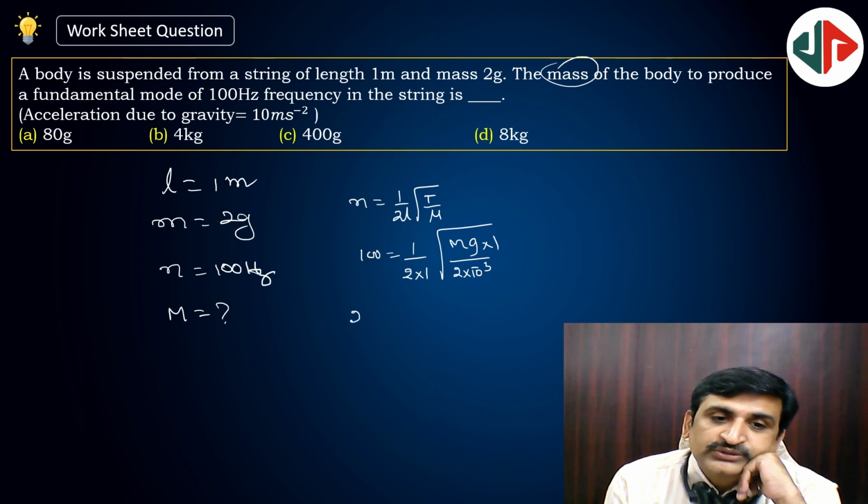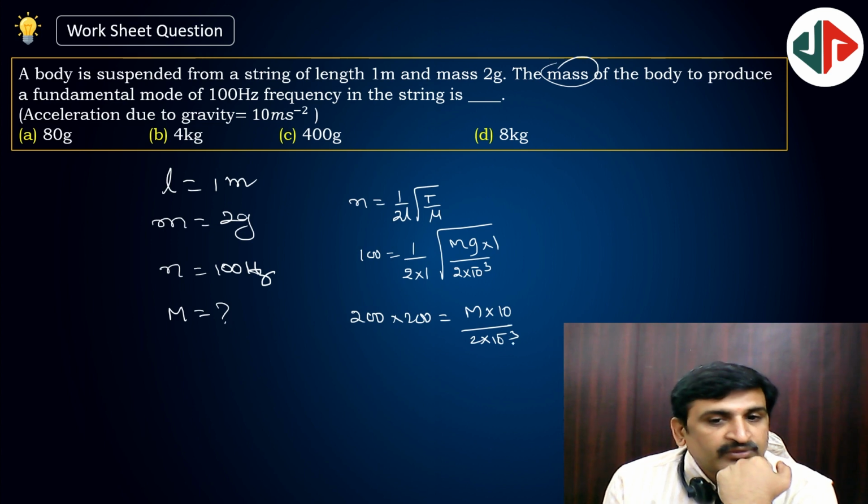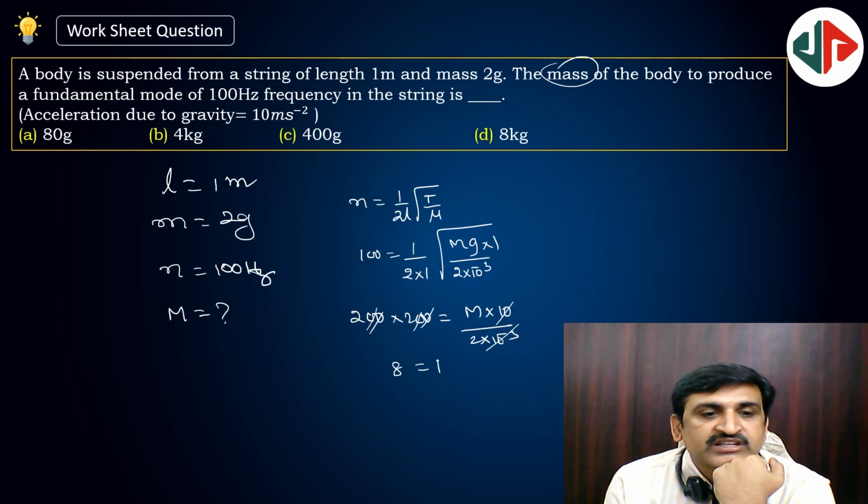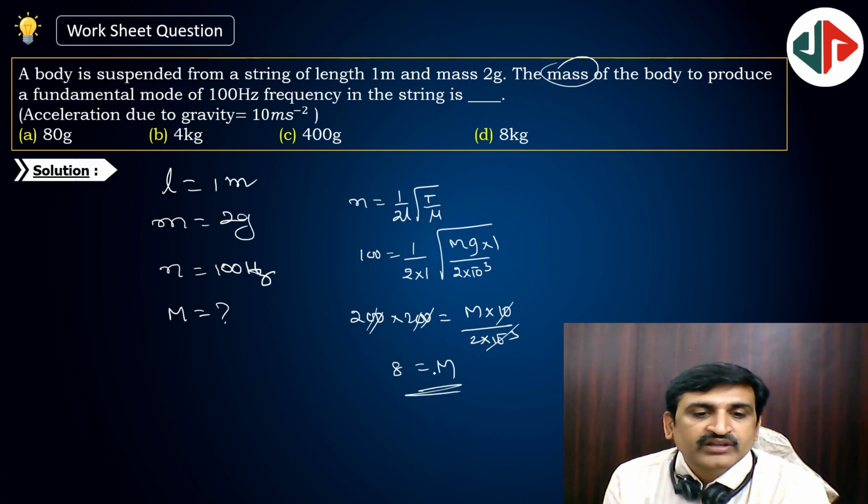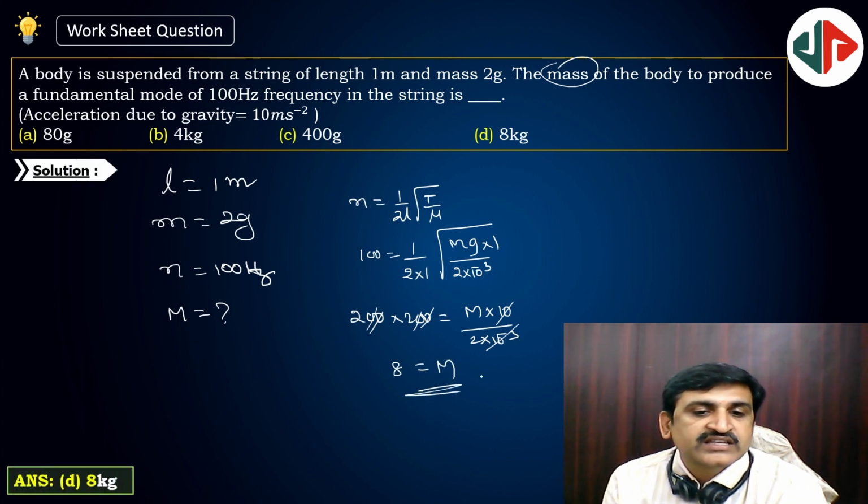So 200 into 200 is equal to M into 10 by 2 into 10 to the power of minus 3. So M is equal to 8 kg.